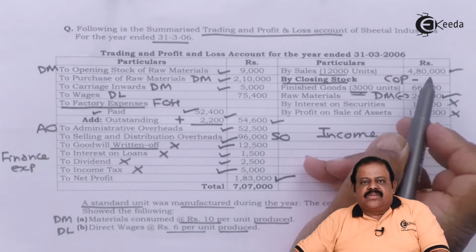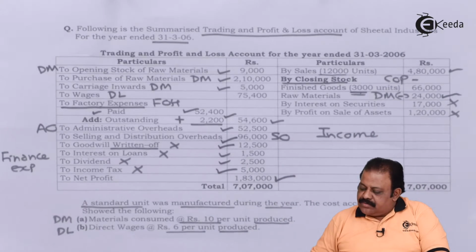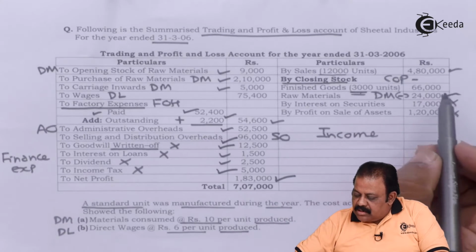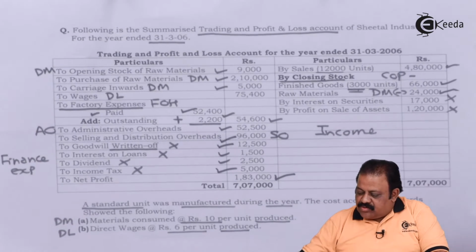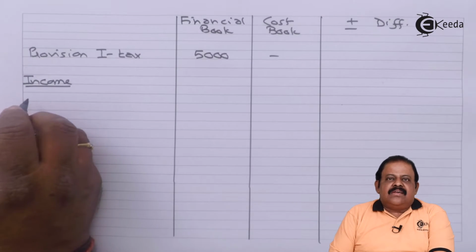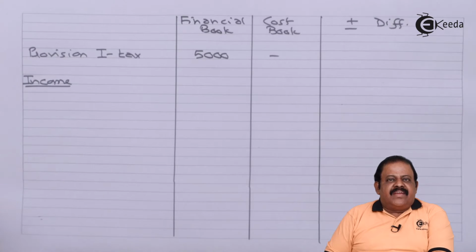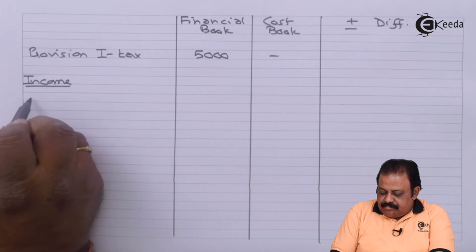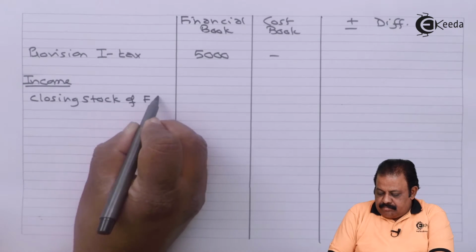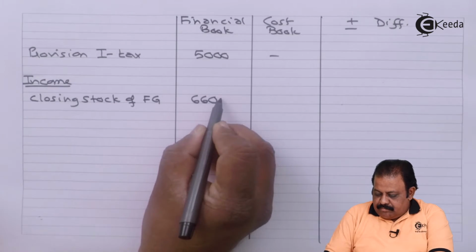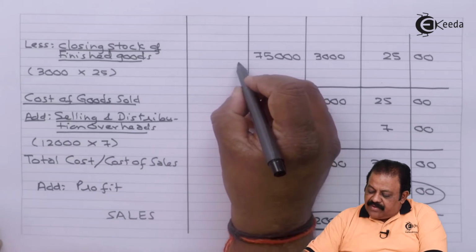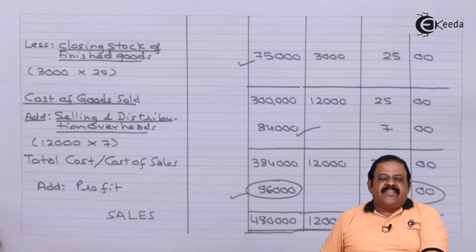Sales 4,80,000. It will be common in both the books. Closing stock of finished goods as per financial book 66,000. It will have effect of income. Closing stock is an item having effect of income. In cost statement, closing stock of finished goods is rupees 75,000.